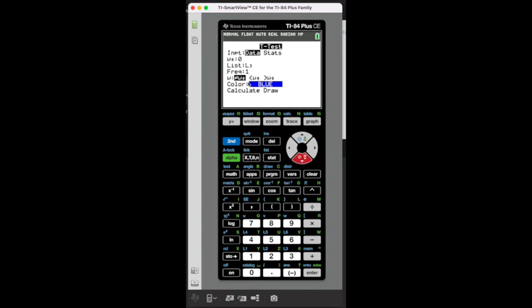Leave the frequency alone, and then you choose the type of test you're going to use. Since we were testing if the differences in the means are greater than 0, I'm going to use the right-tailed test. And then I'm going to go down and hit calculate. It's going to give me my test statistic. If we round it to 2 places, we get 4.36, and it gives me my p-value of 0.0012.